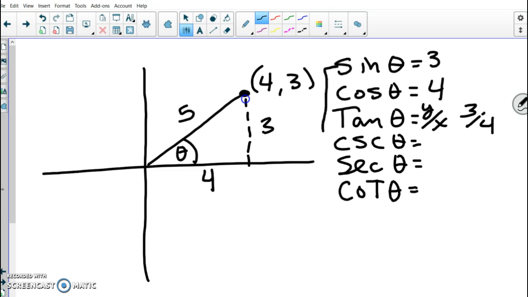We know that sine and cosecant are reciprocals, 3 over 1, so that would give us 1 over 3. The secant and the cosine are reciprocals, 4 over 1 yields 1 over 4 for a reciprocal, and the cotangent being the reciprocal of tangent. So that would give us 4/3.